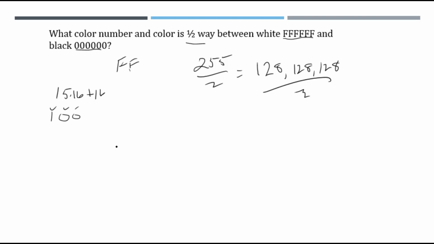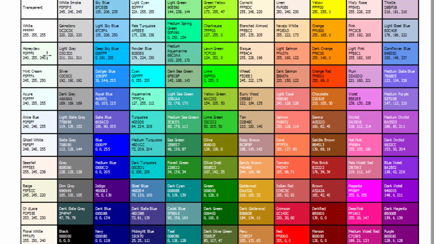So let's go over the color chart and take a look. Here's our color chart, a little hard to see, but here's 255, white all on, and down here on the bottom, second column, is 0. And so we're looking for 128, 128, 128.